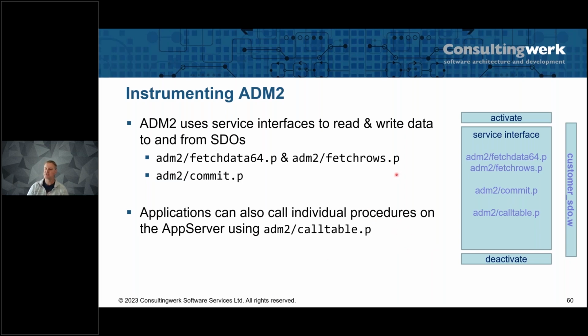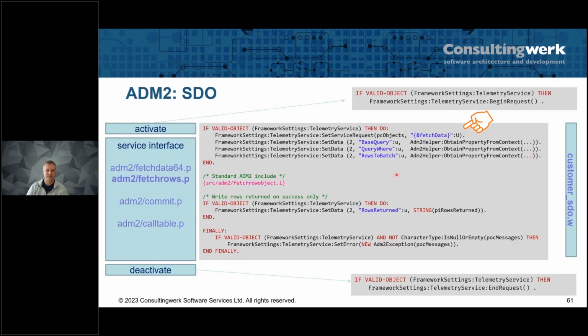So how would one instrument this kind of application? In a similar approach, in our activate and deactivate, we're going to start and stop. We're going to get the standard stuff. But now we can add code into those .p files. This is just a sample of fetchRows, how we have instrumented that. Again, we need to know what that service request is.